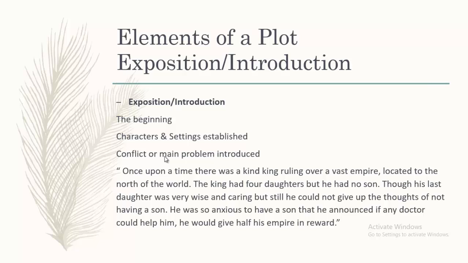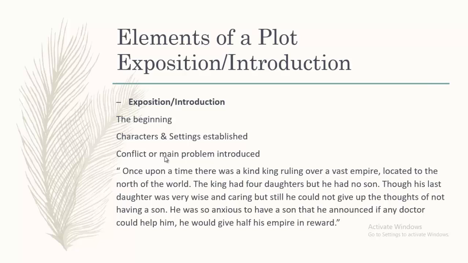The first one is exposition or introduction. This part, the exposition, exposes us to the main story, the main conflict, and the main characters and the settings. Exposition or introduction is usually the beginning of a novel, and in the exposition, the characters and settings are established.